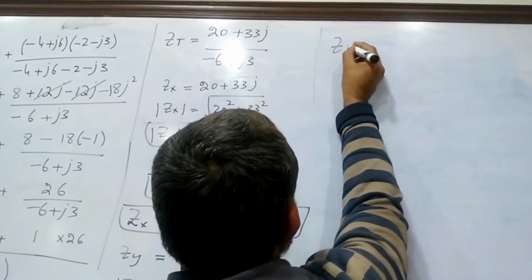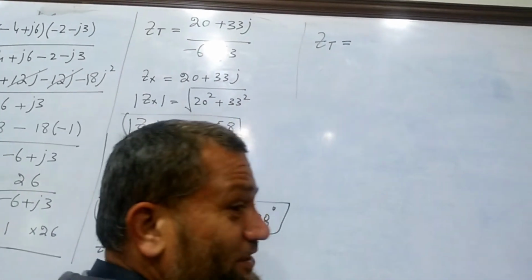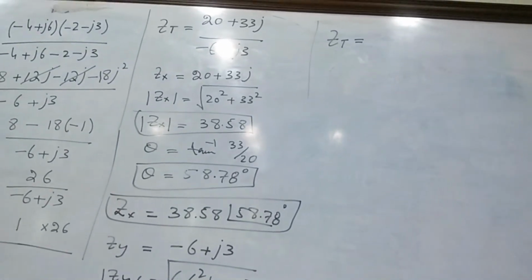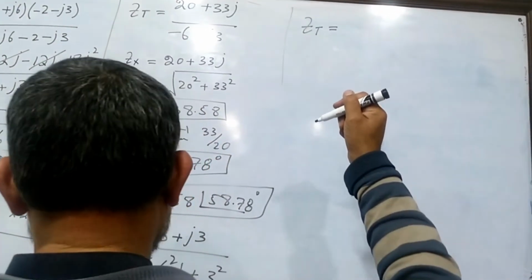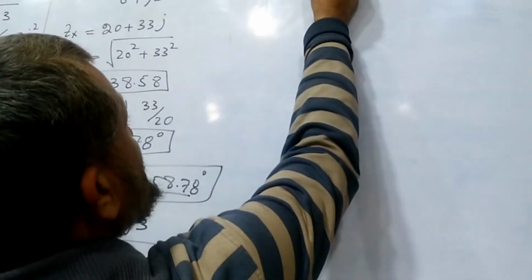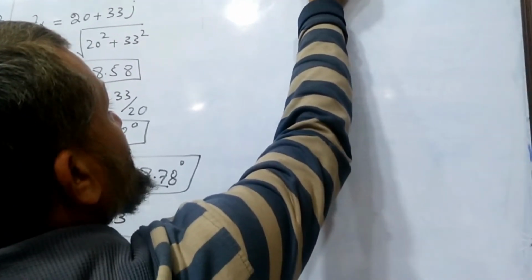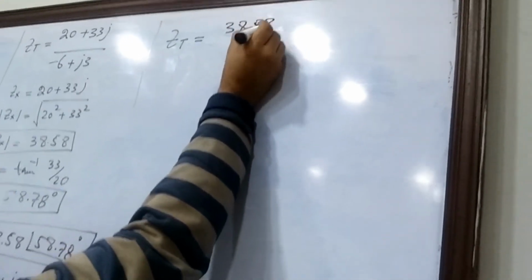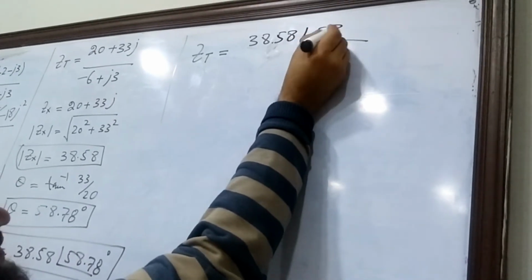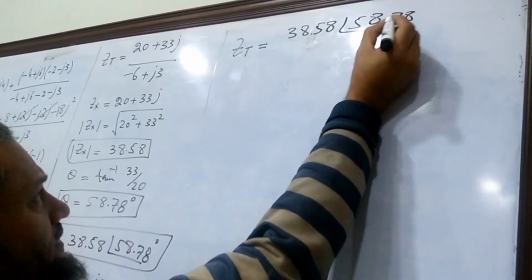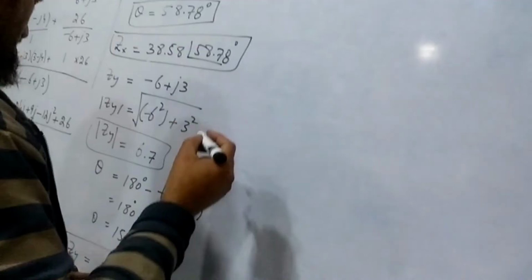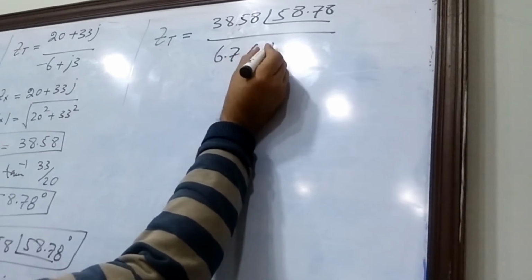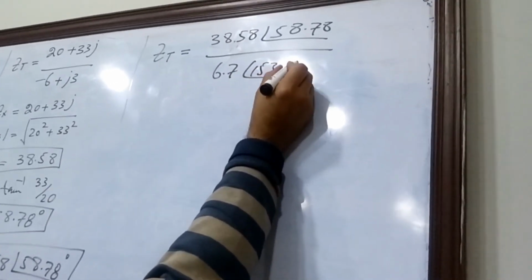Now we are in search of Z total. Z total is equal to Zx, that is 38.58 at angle 58.78, divided by Zy, that is 6.7 at angle 153.44 degrees.